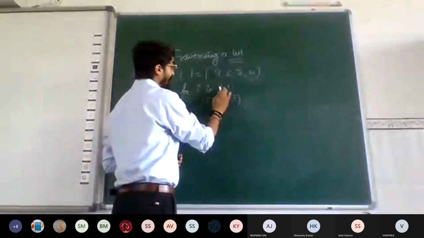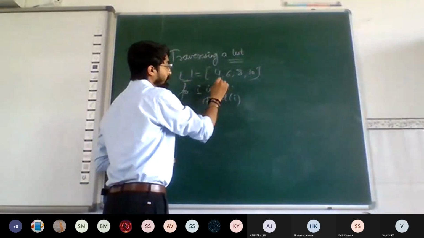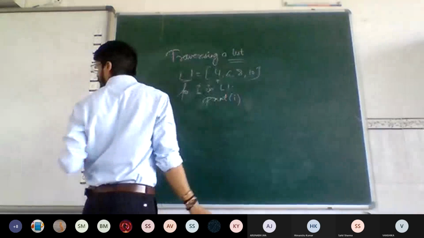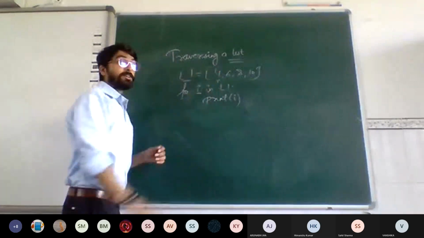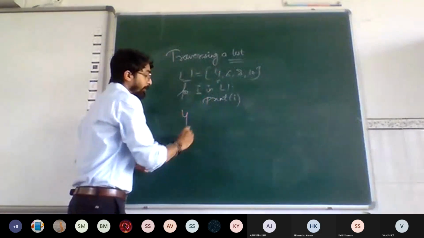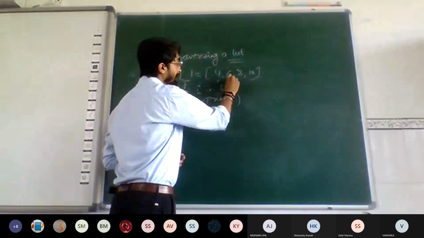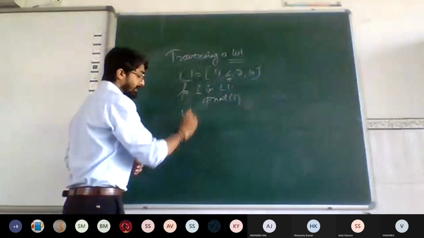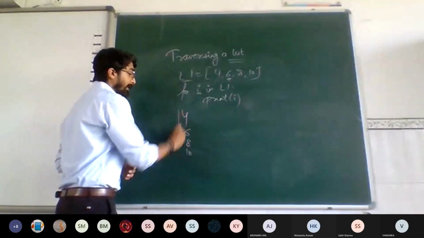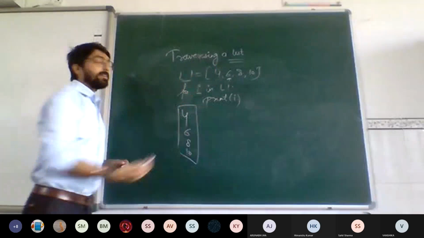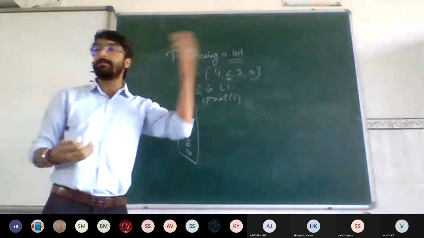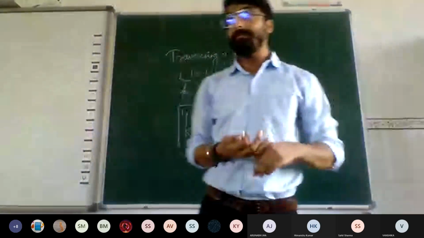This loop I have applied in the list L1. This I will be pointing to the first element, that is 4, printed 4. This I will get incremented, will print this element 6, 6, 8, 10. So like this, you can traverse a list, you can access each element of a list one by one.